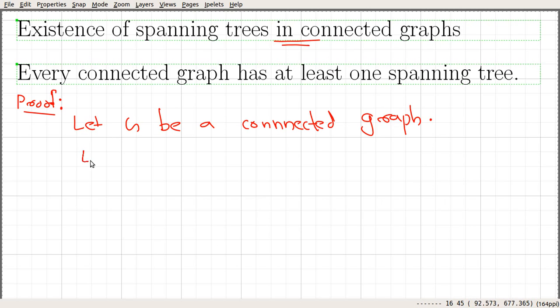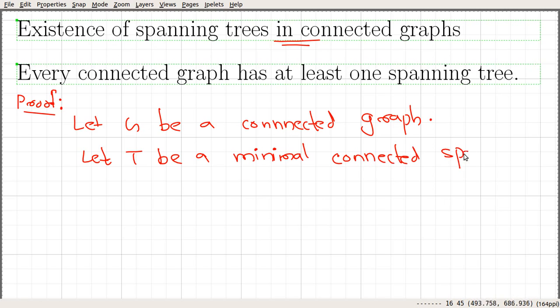Let T be a minimal connected spanning subgraph of G. Minimal means if you delete one more edge, it will become disconnected. That's what minimally connected means. So let T be a minimal connected spanning subgraph of G.